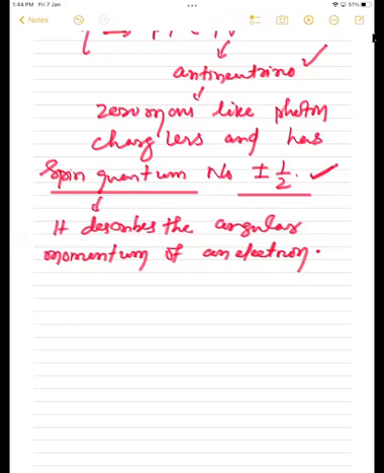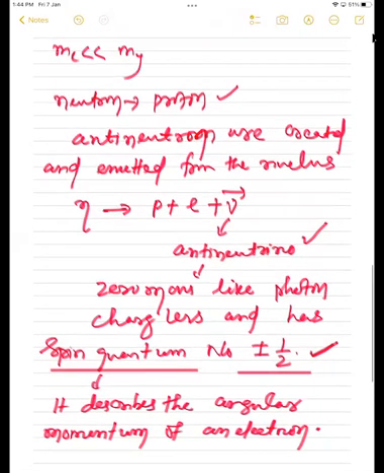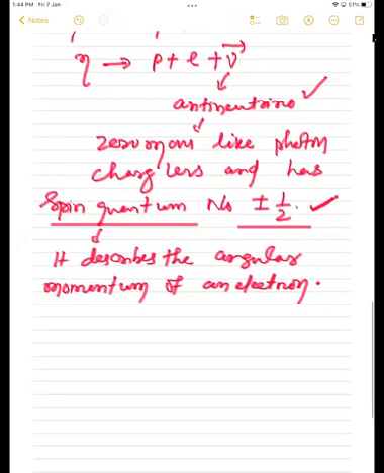Understood. Next, see here, the electron emitted from the nucleus is called a beta particle, as in the equation that we saw here.